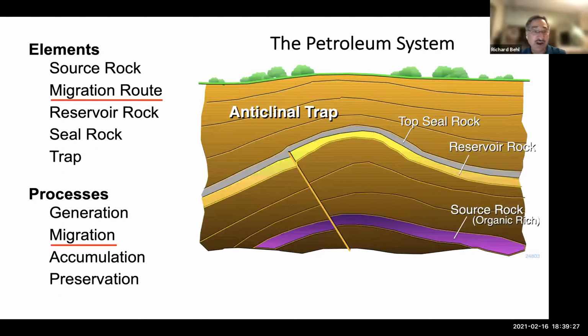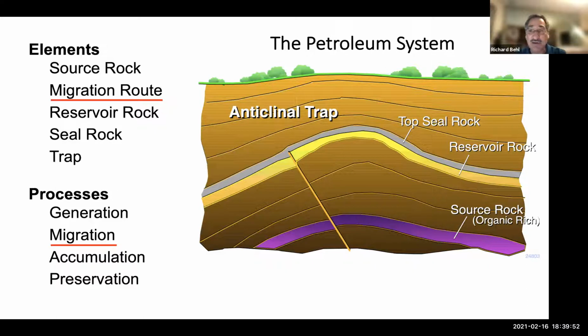Marc Kamerling and Michael Gross are large contributors to what I'm going to share with you today. Just to refresh some of you, because I know we have some people there that are in the petroleum industry or government, and other people that are not in that field: the petroleum system describes all the elements and processes that are required for oil to accumulate in a trap that can then be tapped by conventional oil exploration and development.